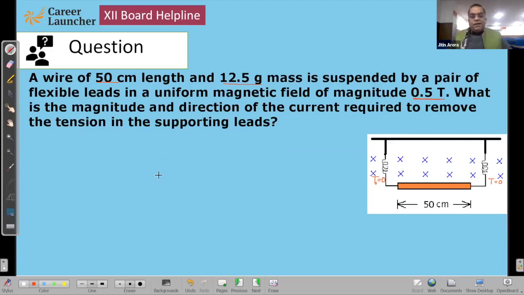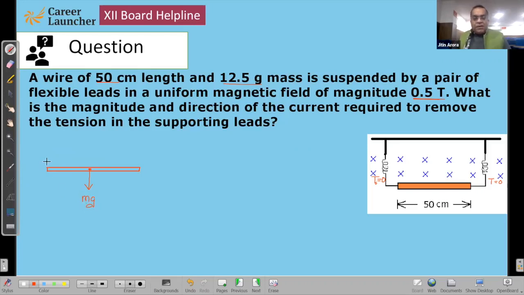So, अब क्या करेंगे बच्चों? Let us first look at this particular wire. तो ये वायर है, इस वायर के सेंटर पे हमने एक फोर्स दिखाया which is naturally going to act on it, which is mg.